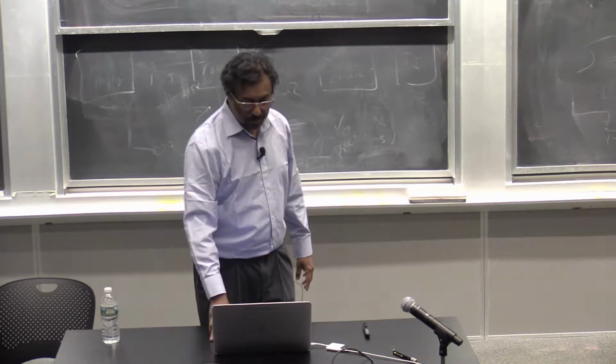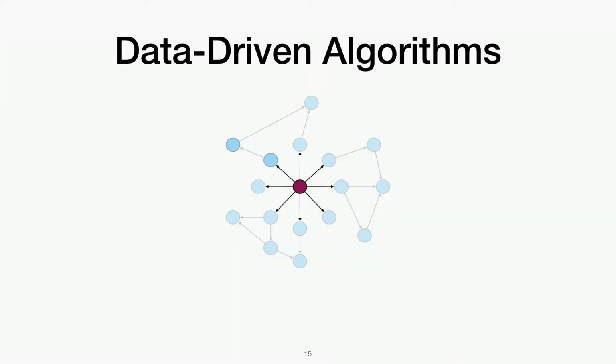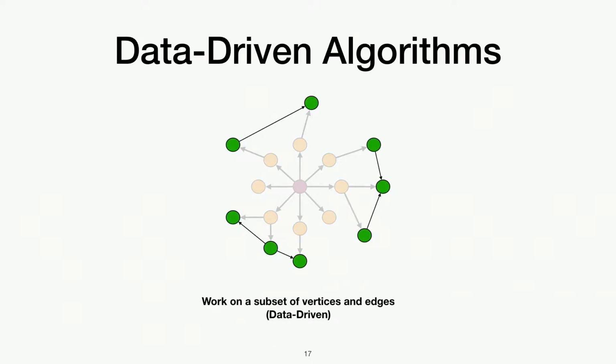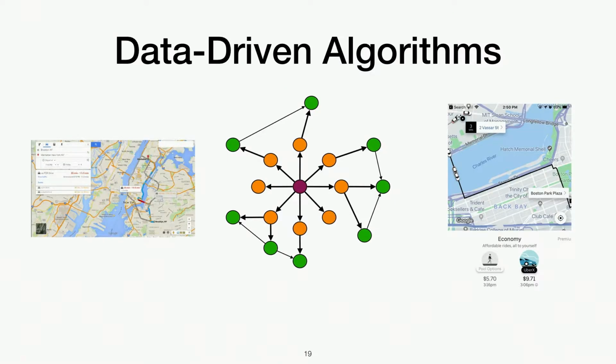Another set of algorithms is called data-driven algorithms. What that means is you start with certain nodes, and then you keep going to their neighbors and their neighbors, processing data as you do that. The kind of algorithms that fit in this category are things like if you have a map and I have to find the shortest path to Boston.